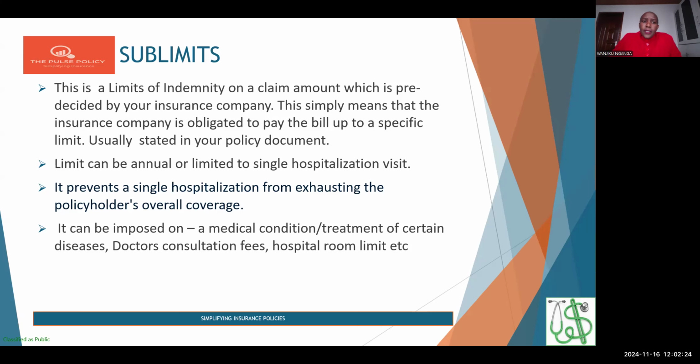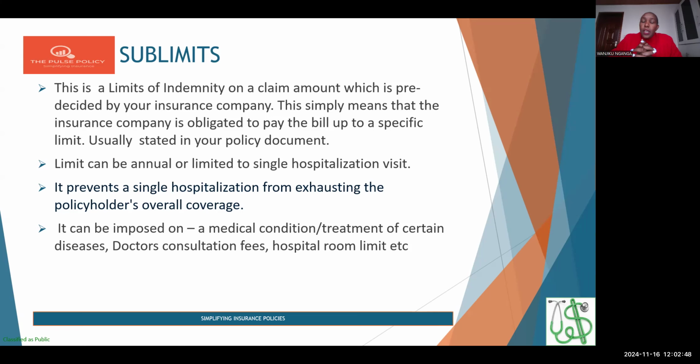Sub-limits are limits of indemnity on a claim amount, which is pre-decided by the insurance company. Basically, the insurance company is only obligated to pay your claim or your bill up to that level. You cannot get payment of the bill above that limit.